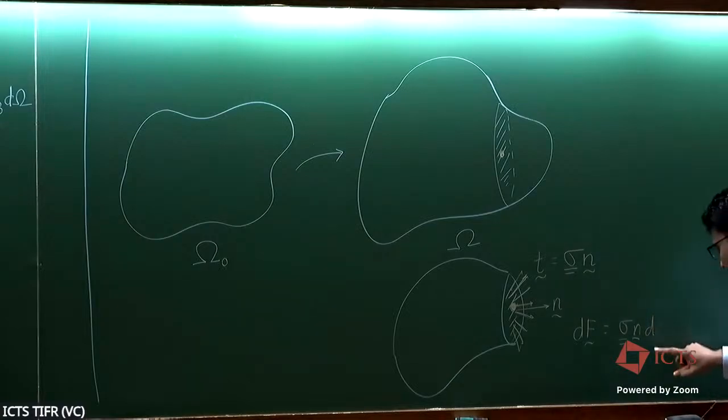I should not have S here because S is for the arc length, so I'll put A. So sigma n dA, where n dA is actually the surface vector. Surface can be thought of as a scalar, but also as a vector. Here, dA is the magnitude of the surface, and n is the normal to the surface. So n dA together is the tiny surface vector.